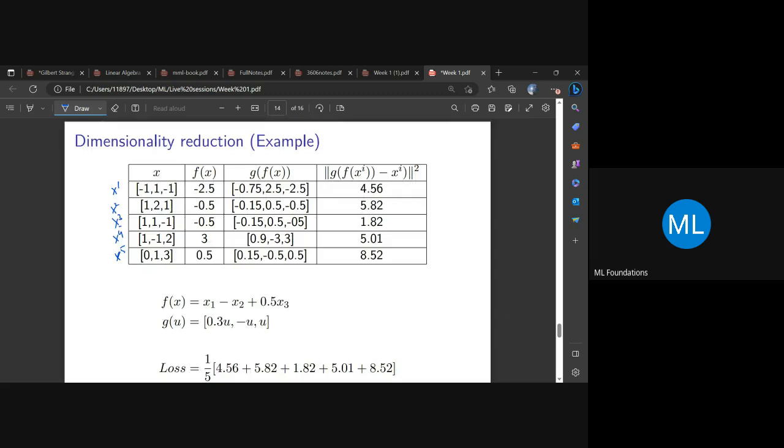One is the encoder: f of x is defined as x1 minus x2 plus 0.5 x3, and the decoder is defined as g of u equals 0.3 u, minus u, u. So if you have to find the loss, you have to calculate g of f of x, subtract its value from x, and then take the square, sum it over all these values, and take its average. That will give you the loss.